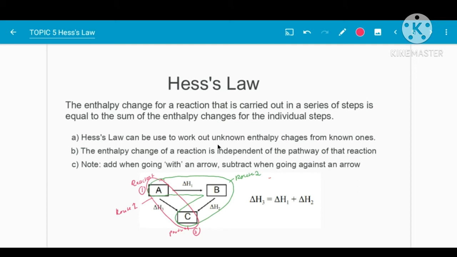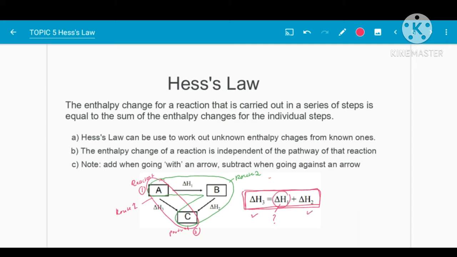There are a few rules for using Hess's law. First, Hess's law can be used to work out an unknown enthalpy change from known ones. It is important for students to come up with the formula from the series of chemical reactions, because from these equations we can identify the unknown. Let's say we don't know enthalpy change 1, and the information given is only enthalpy change 3 and enthalpy change 2.